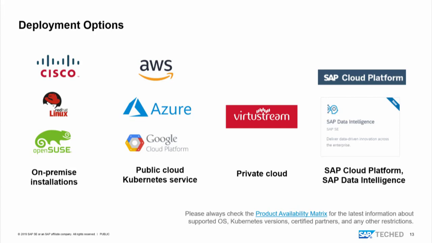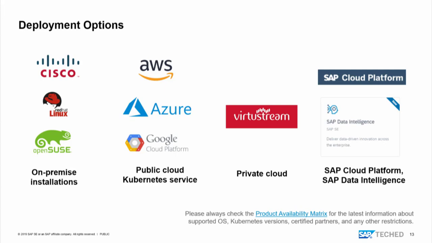In the cloud, we are betting on predefined and managed Kubernetes services, for example AKS, EKS, and the Google service, the managed Kubernetes services in the different public clouds, which is our runtime.